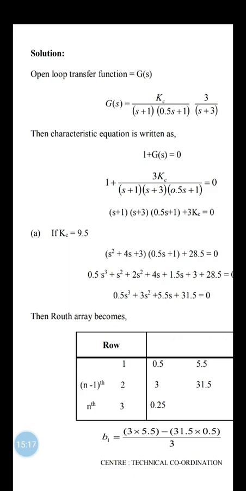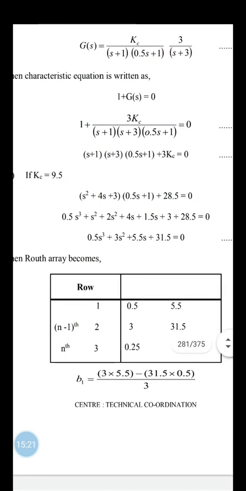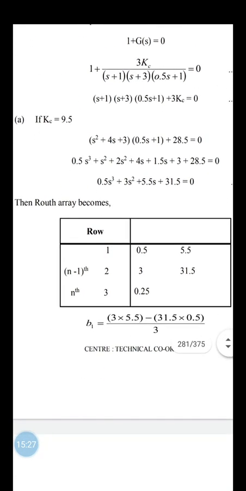You can solve it for Kc equal to 9.5. You can make the calculation and find the equation, which you can arrange into a Routh array. So see here: 0.5, 3, 5.5, 31.0.